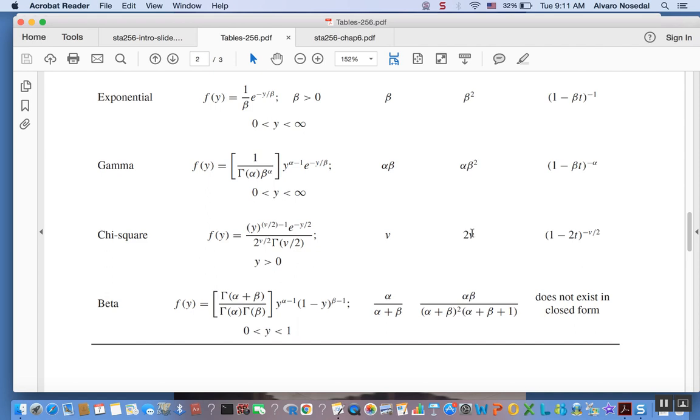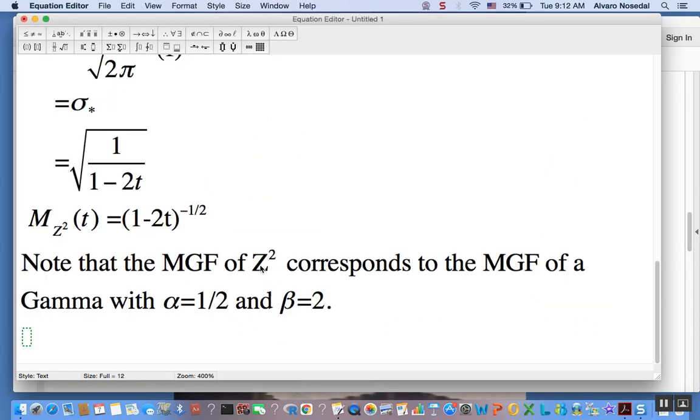Take a look at the next one. (1 minus 2t) to the power minus nu divided by 2. So this guy happens to be a member of the gamma distribution family, but we could be more specific. We know that chi-square distributions are particular cases of gamma distributions.